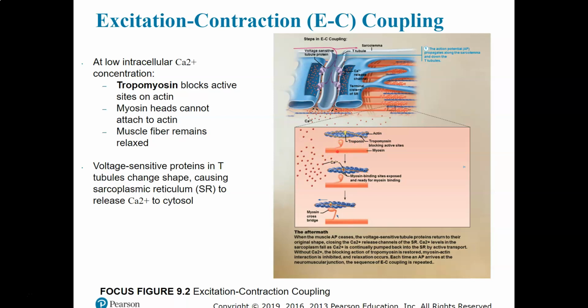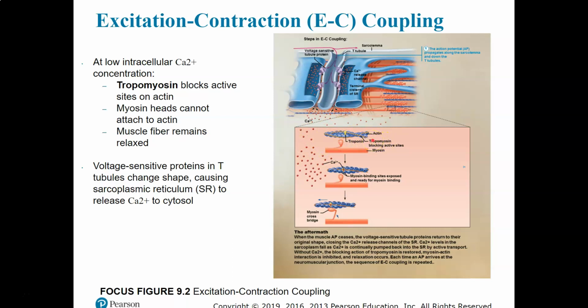However, when there's a low amount of calcium inside of the sarcoplasm, the cytoplasm inside of the muscle cell, there is a protein called tropomyosin that's bound to actin that blocks the myosin binding sites on the actin. So when there's low calcium, the myosin head groups can't grab onto the actin because of the tropomyosin.